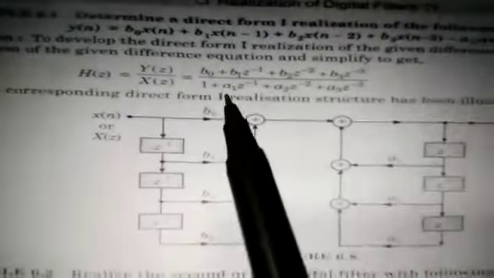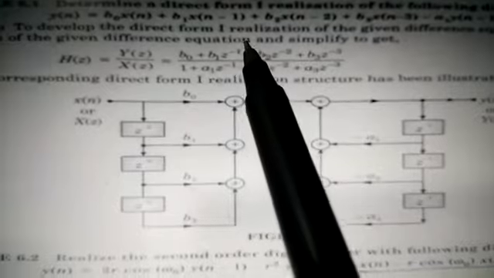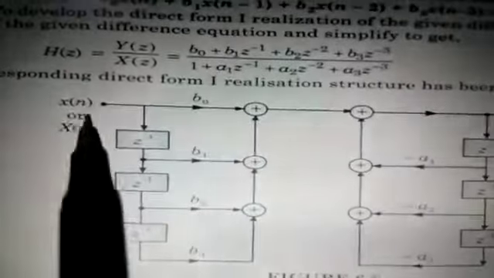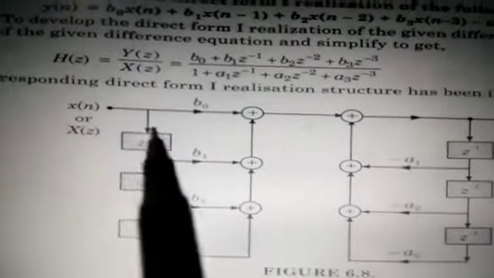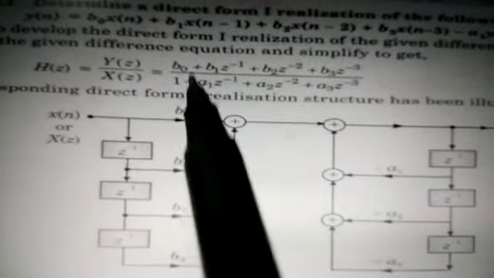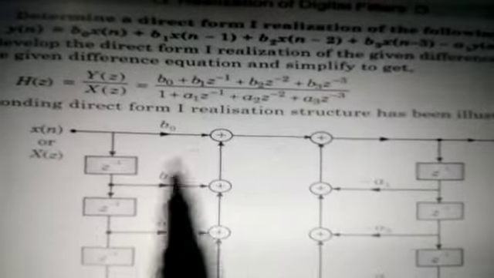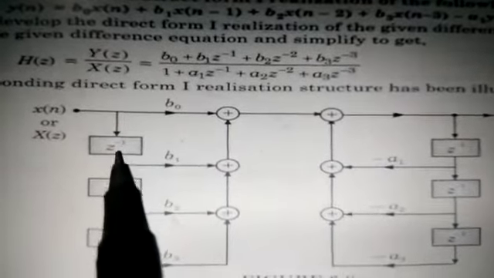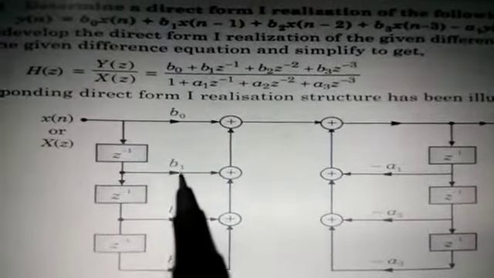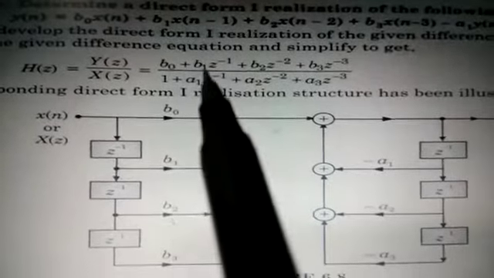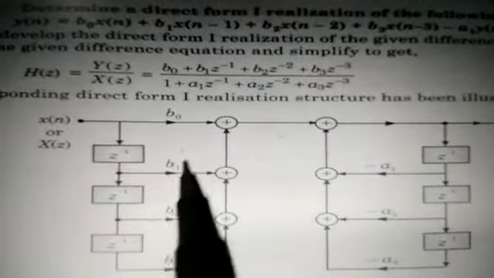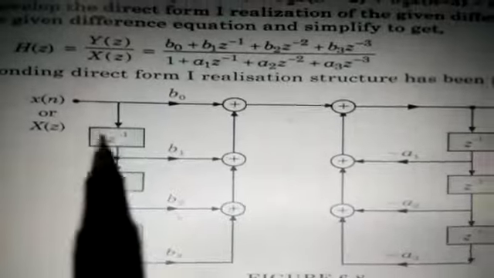What we do, for the numerator term, you represent the input here as x(n) or X(z), and the numerator coefficient is b0, because it doesn't have a delay element. Then you can put one delay element z inverse, and put the coefficient b1 here, so b1 into z inverse.